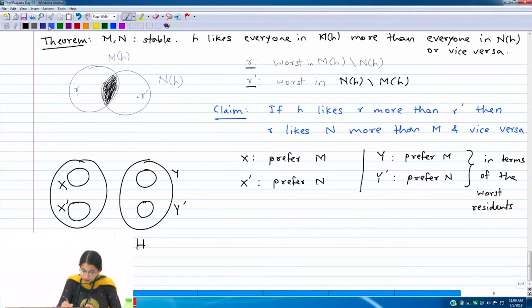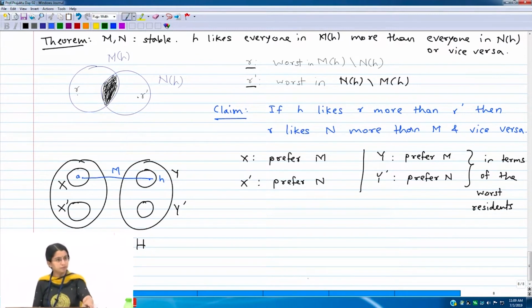So I want to now ask, can there be a resident here and a hospital here where both of them prefer M and they are also matched in M? Okay. So maybe I will call this resident, suppose A, and the hospital, well, H. So can it happen that A and H are matched in M and they both like matching M more than N?